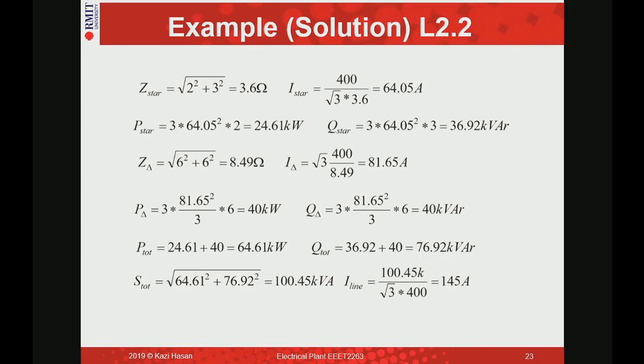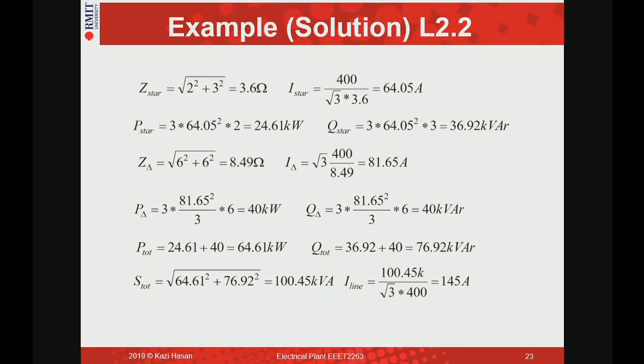Then we calculate the total apparent power, S, that is the root of P squared plus Q squared. To calculate I line, S equals √3 V_L I_L.